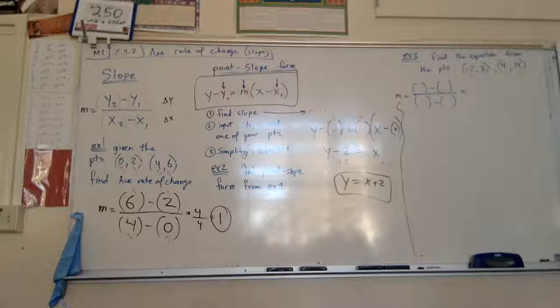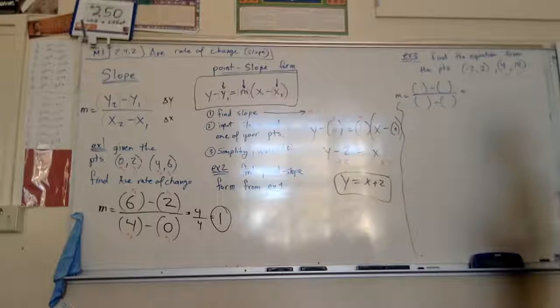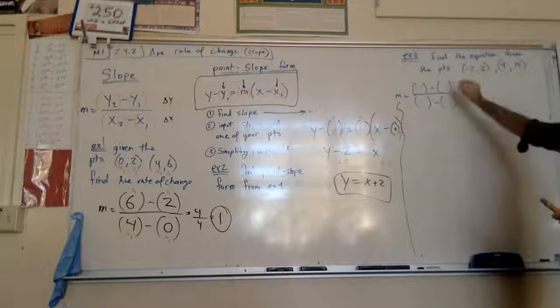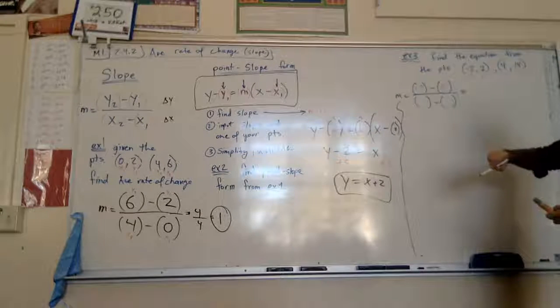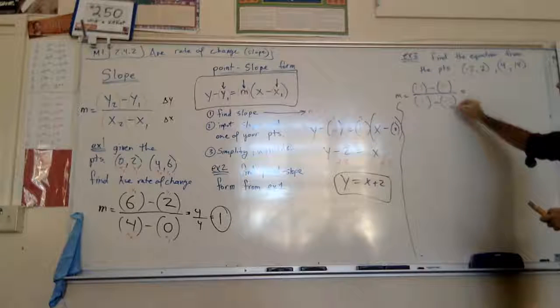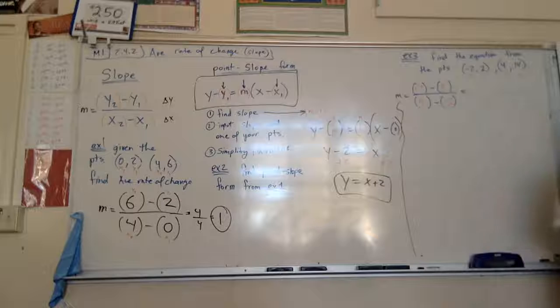And if you want to keep going with the steps, you can keep going with these steps. Y sub 2, y sub 1, x sub 2. Excellent. So the parentheses help.